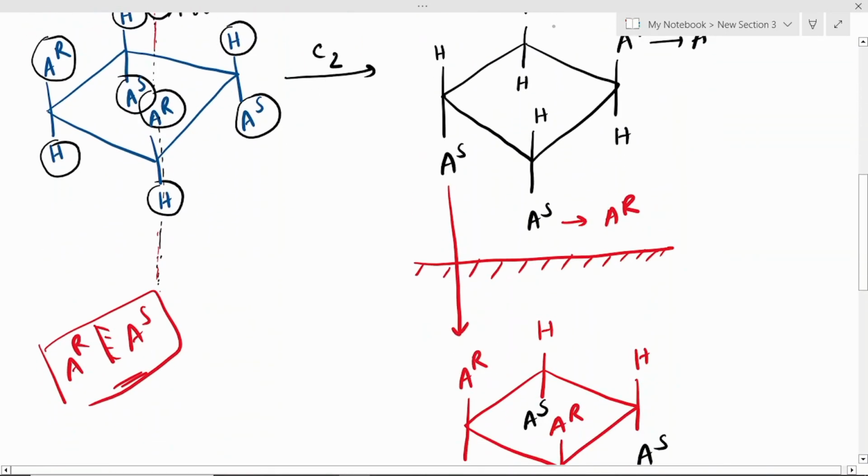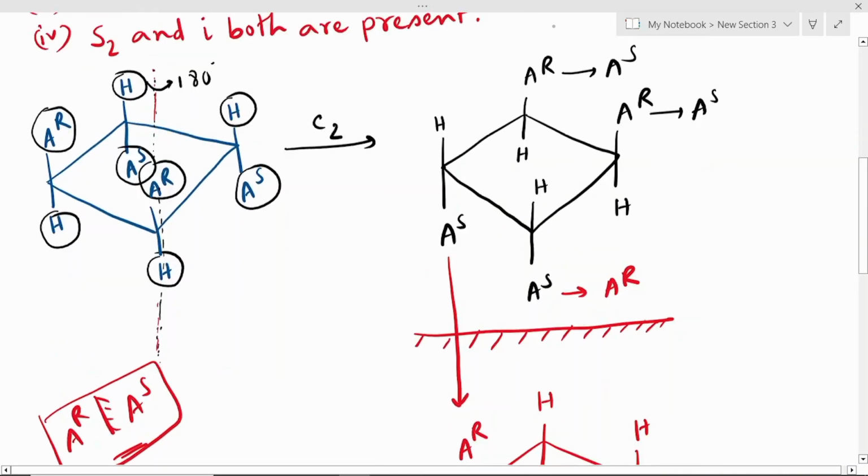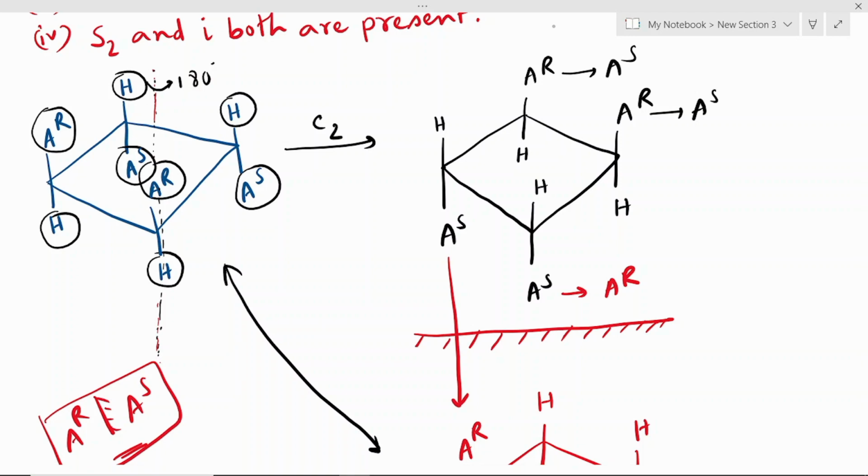So we find that this compound and this compound are identical.